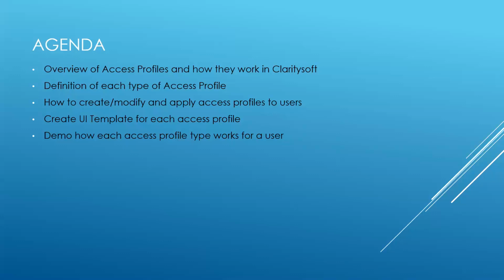And then we will create a custom one to show you how that works and apply it to different users. And then along with that, we will create a custom user interface template so you can see how that works. So by the end of the time, you should be very comfortable with understanding what access profiles are, how they work, and how to set them up in your database.